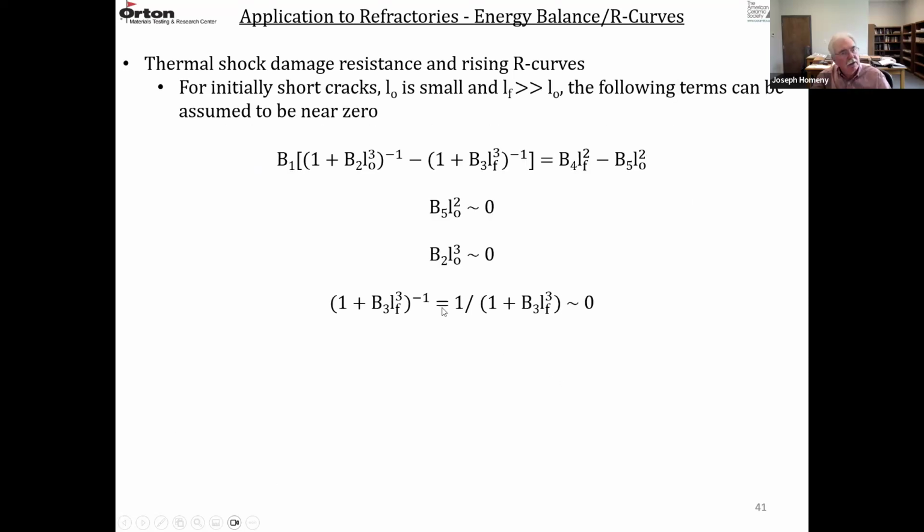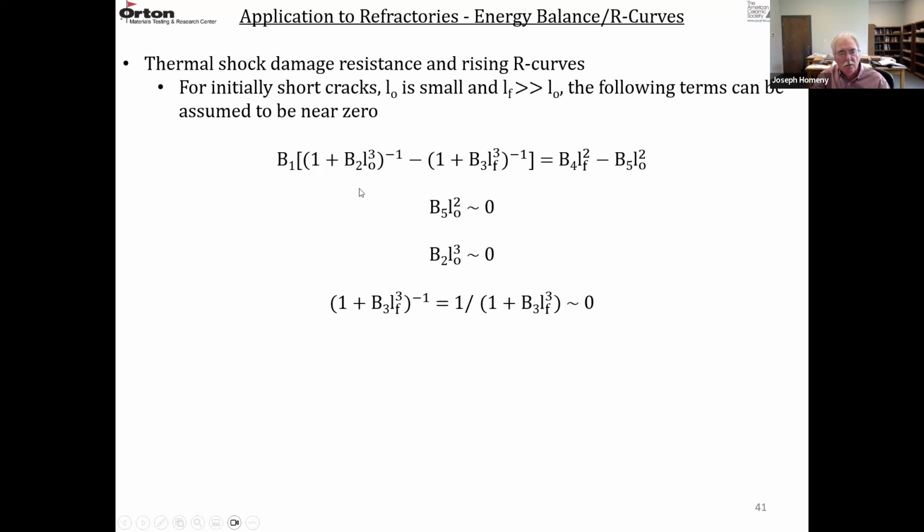When you look at that, if you assume the crack size L0 is small, you have initially short cracks. That means LF is much greater than L0. And then the following terms can be eliminated.